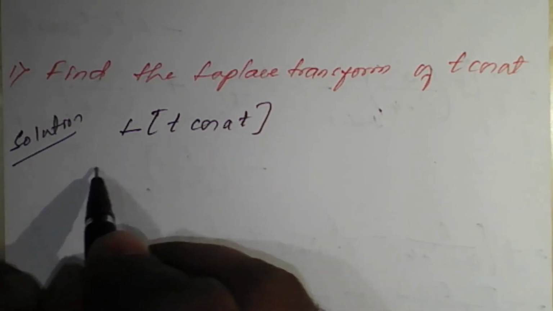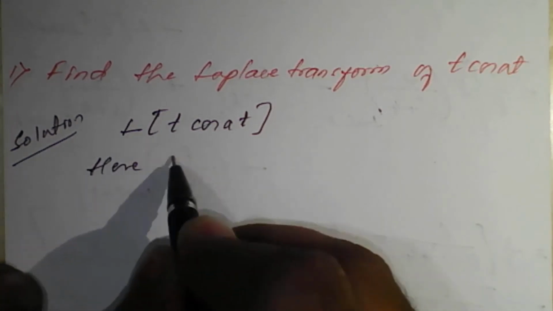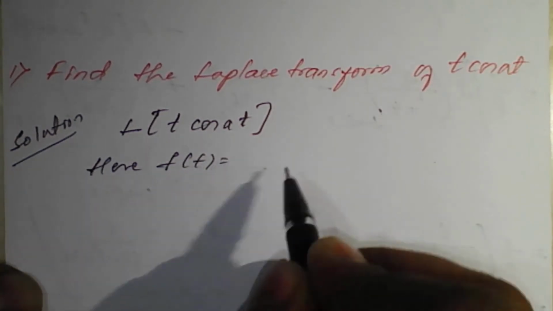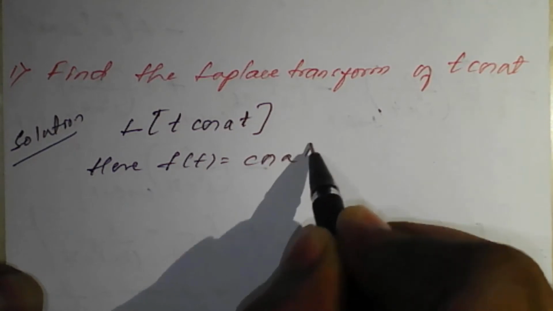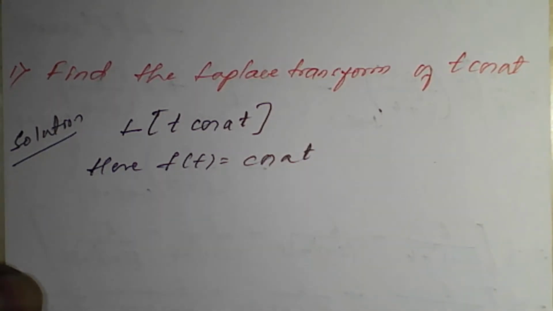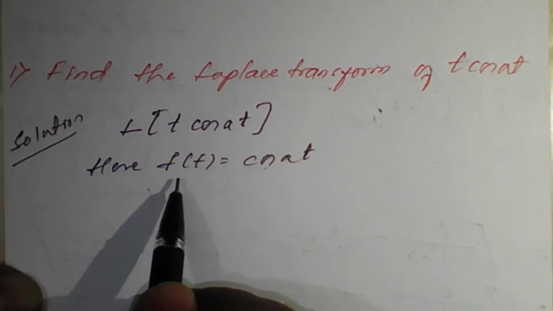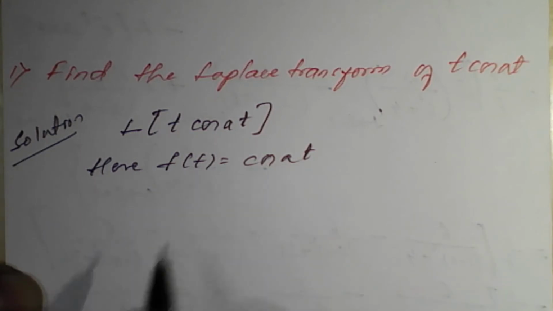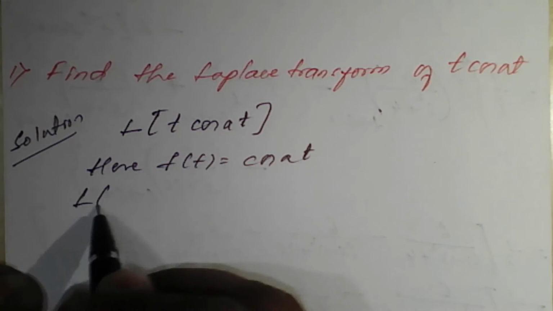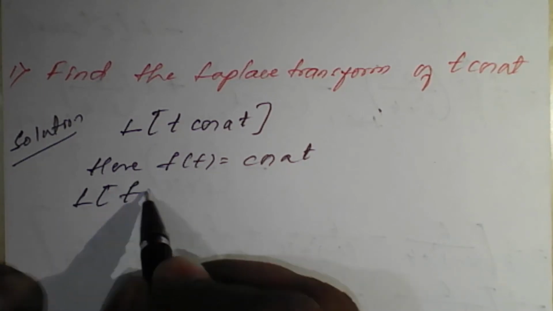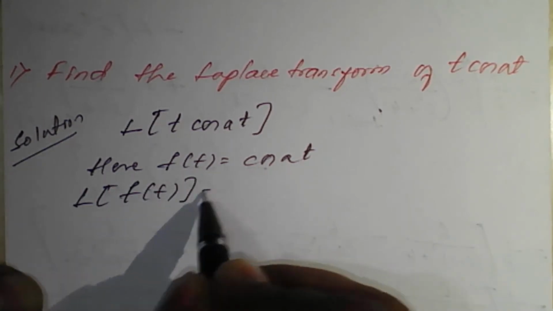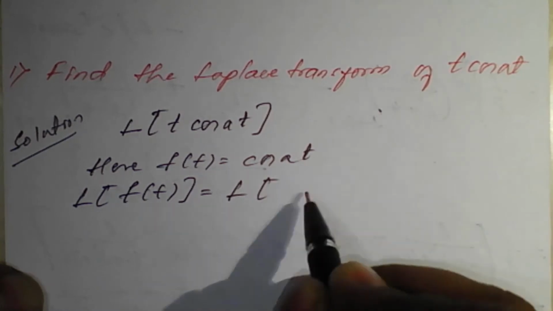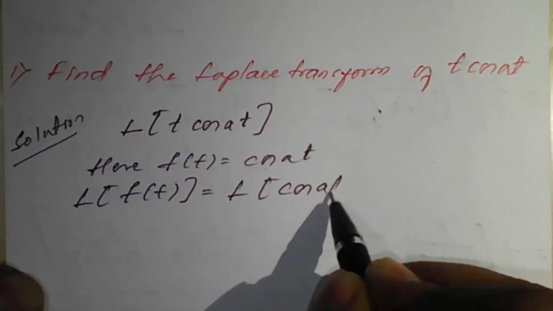So I will say that here our function f of t is cos of at. Once you recognize the function, we need to apply Laplace, take Laplace operator on both sides. Laplace of f of t is equal to Laplace of cos of at.